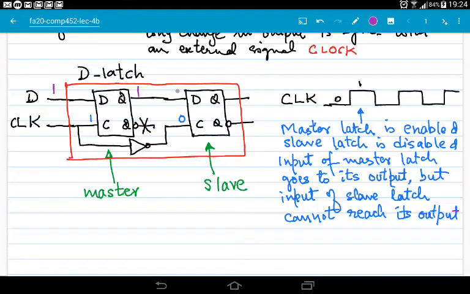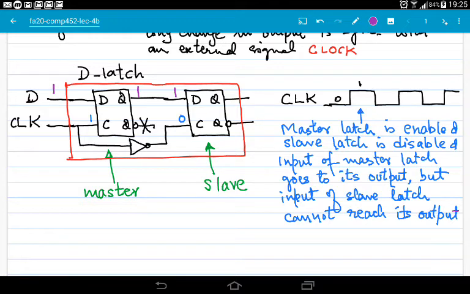This output is connected to the D input of the second, slave latch. So this also becomes 1. But since control input of slave latch is 0, this one cannot propagate to the output and it stays there. Whatever the output was, it will stay there, it will not change. This one cannot go to the output of the slave latch. Alright.